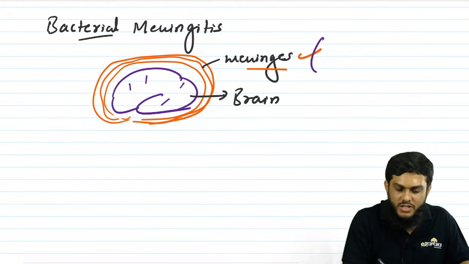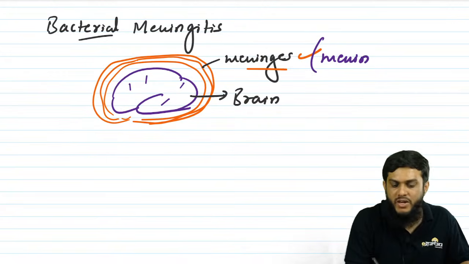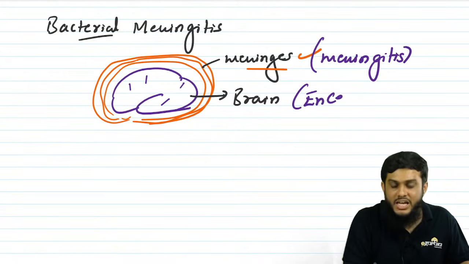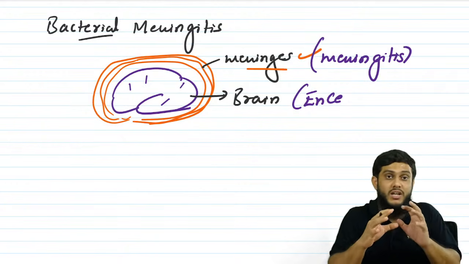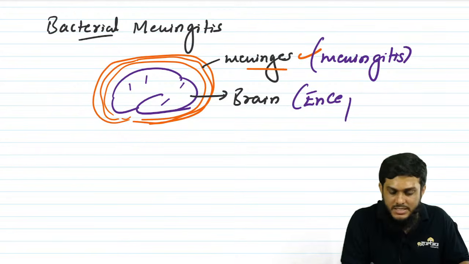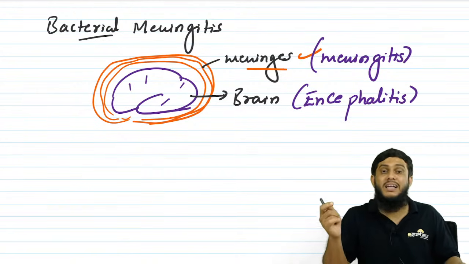This is the first difference we need to know, between meningitis and encephalitis. Meningitis is the inflammation of the meninges, which are the coverings of the brain, whereas encephalitis is the inflammation of the brain parenchyma itself.